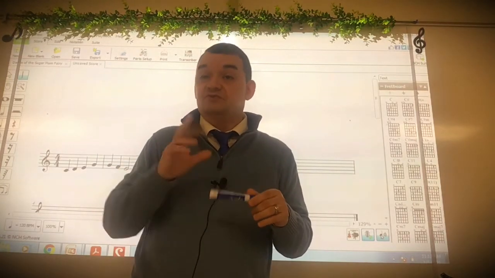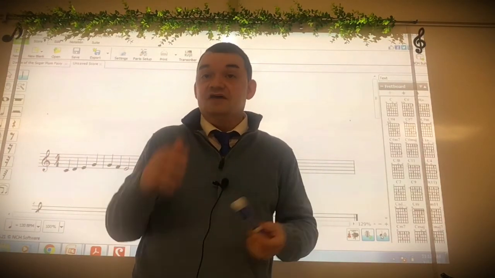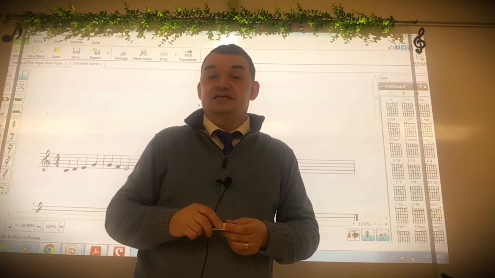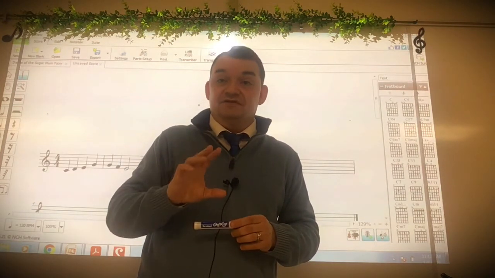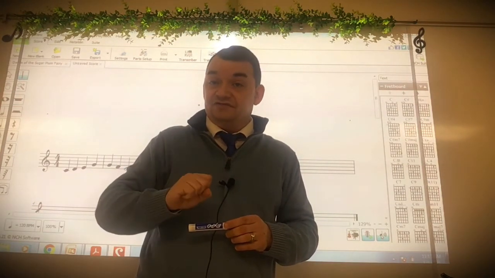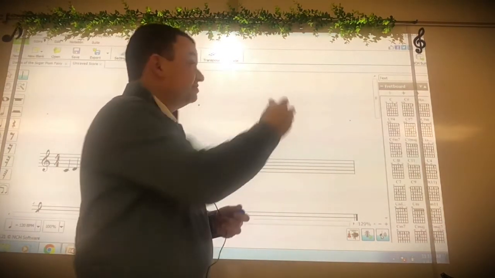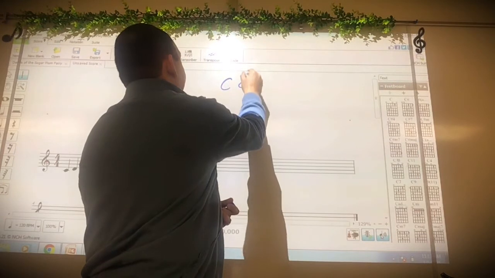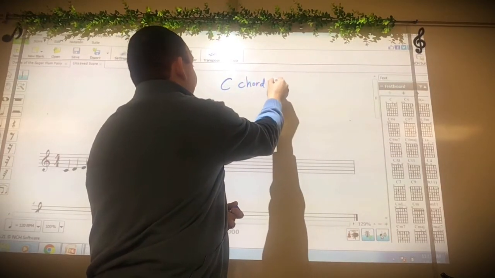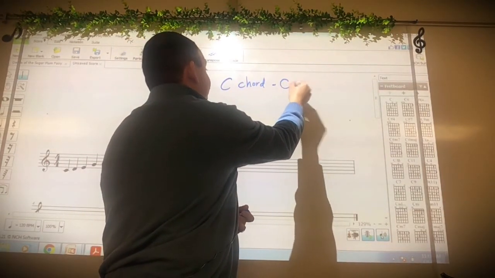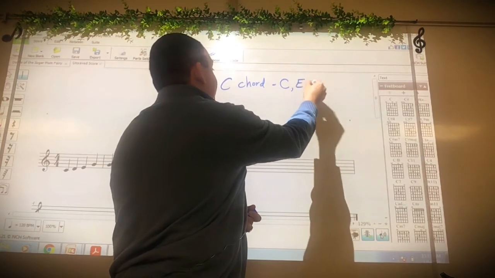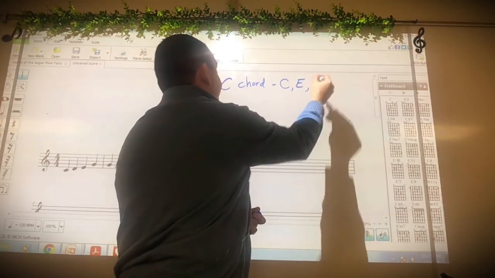Chords are made up of 3 different pitches, and they all work in thirds. If you're sitting down at the piano, there's basically a root, a third, and a fifth. So if I'm in the key of C, the chord I'm probably going to use most is a C chord, okay? And the 3 notes that make up a C chord: the root is C, the next note is E, the third, and the fifth is G.